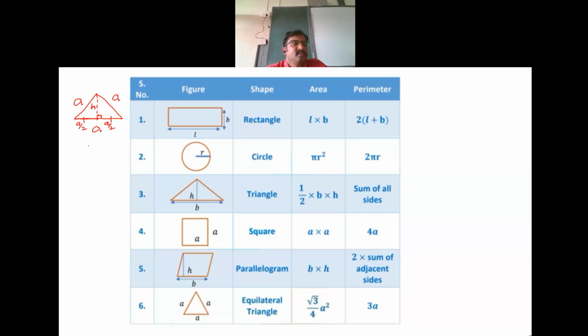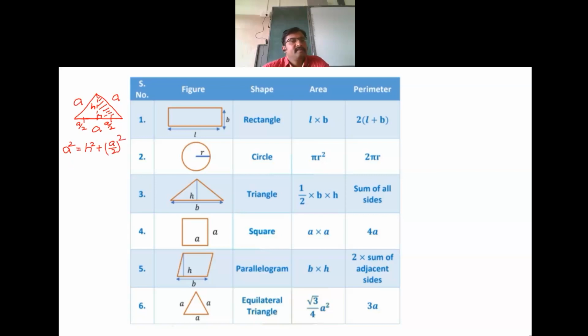Now you observe there is a right angle triangle here. If you use Pythagoras theorem, square on the hypotenuse is a square. This is the hypotenuse a square, which will be equal to sum of the squares of the remaining two sides. These are the remaining two sides, h and a by 2.